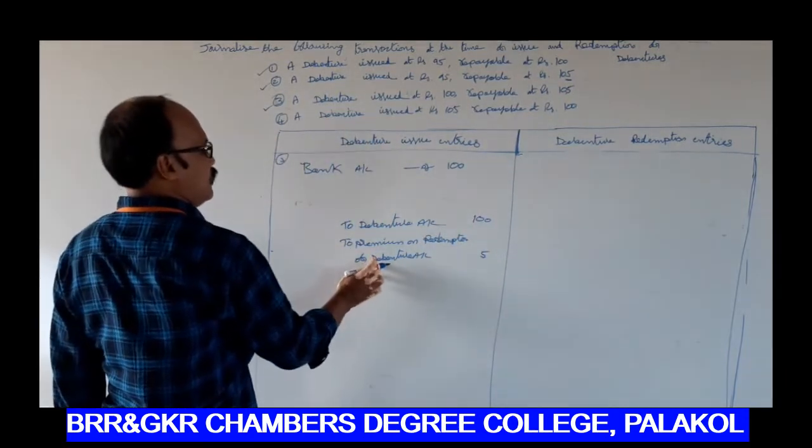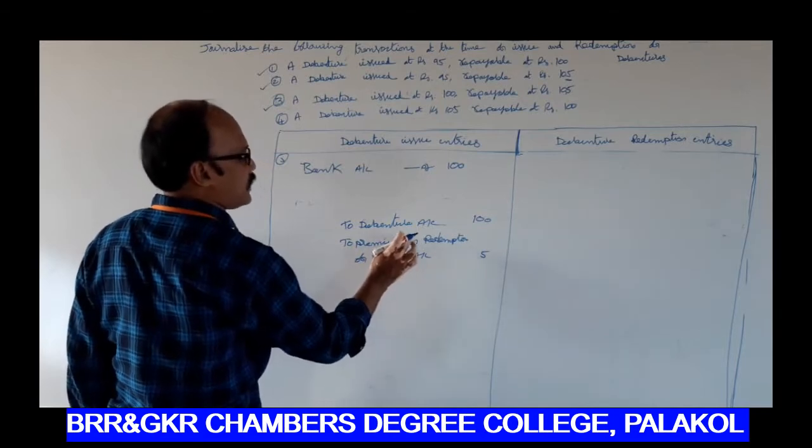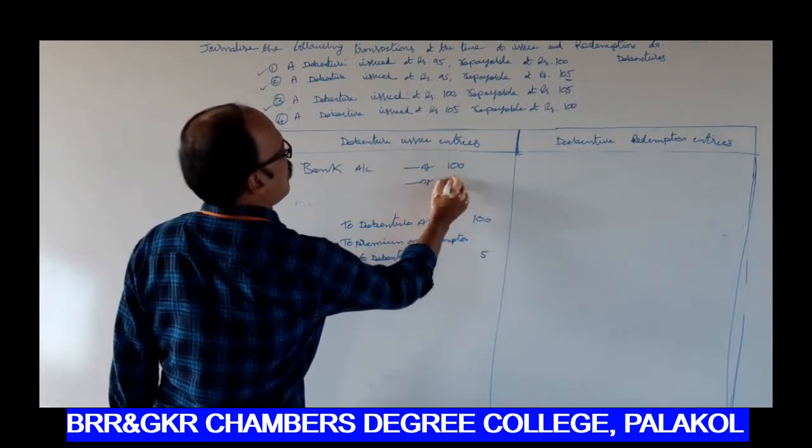Okay. So this extra amount paid for each debenture, 5, is loss.